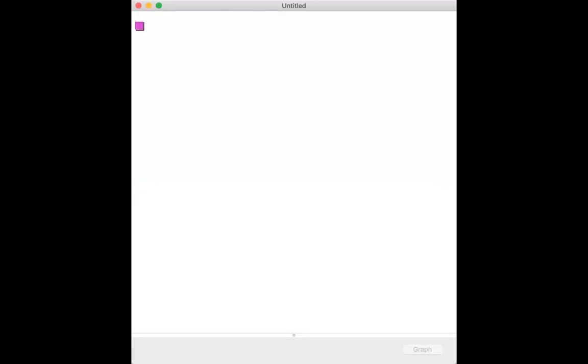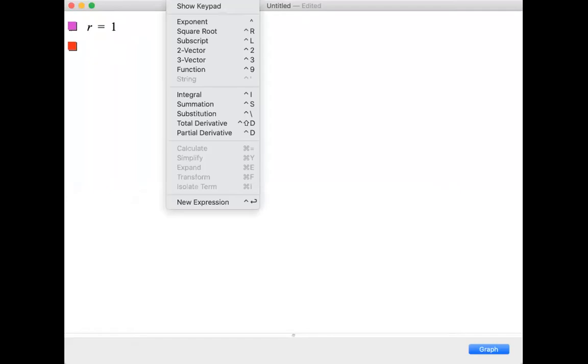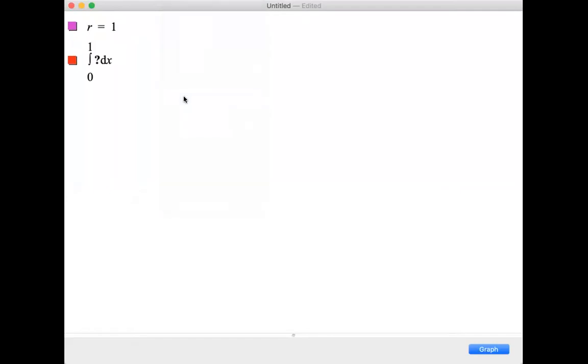All right. So let's say that I use a value of, I'll just put it here, r equals 1. So I've defined my parameter value, and I want to integrate from 0 to 1, my square root of, let's see, r squared.